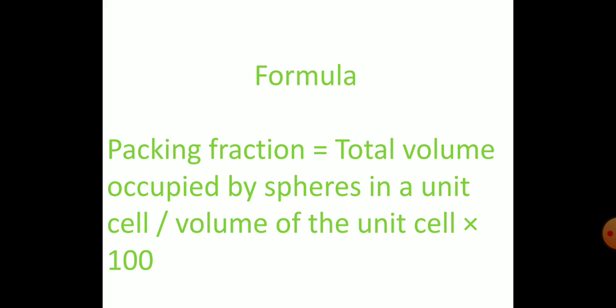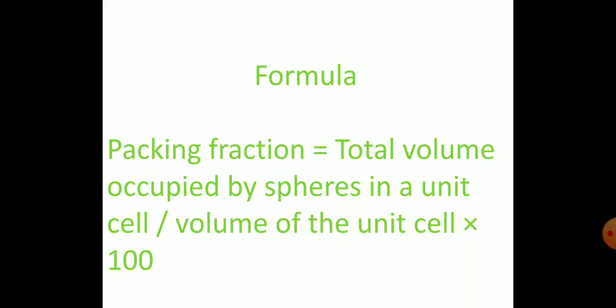Okay, look here, this is the formula. It's a very important one. Packing fraction or packing efficiency is equal to the total volume occupied by spheres in a unit cell, divided by the total volume of the unit cell, the volume of the cubic box, into 100.